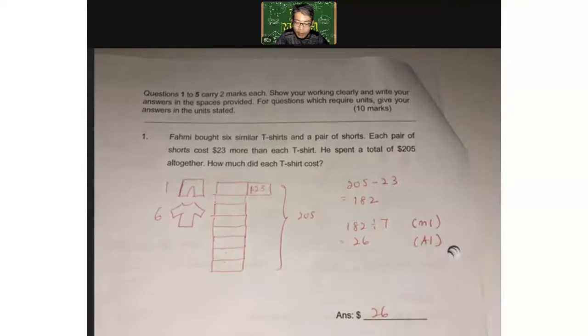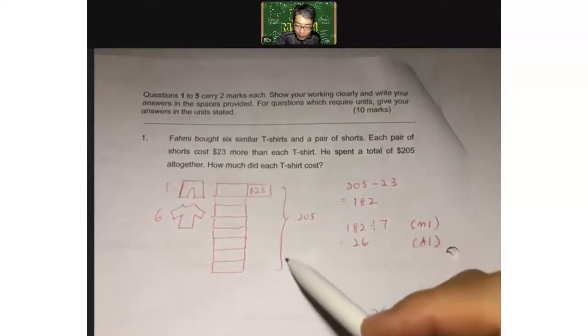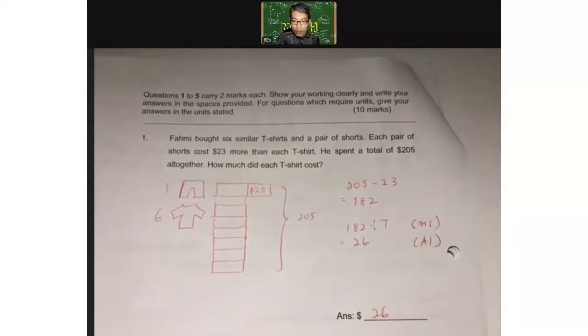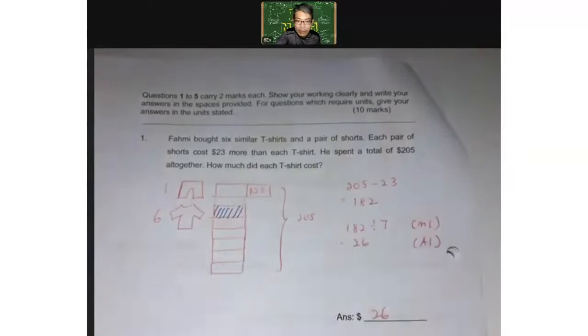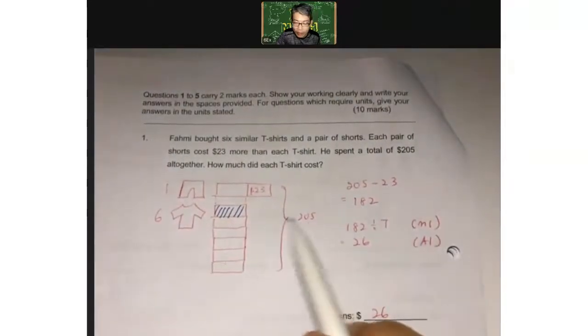Now, we know that he spent a total of $205, so I drew this bracket here and put $205. How much did each t-shirt cost? I need to find the value of one of these rectangular units. I cannot divide 205 by 7 because not every part is an equal unit.